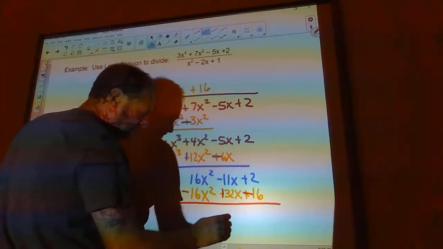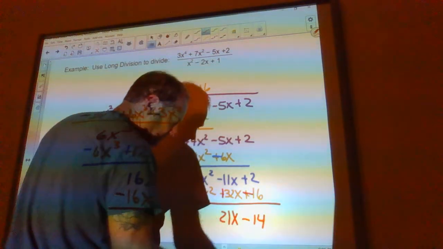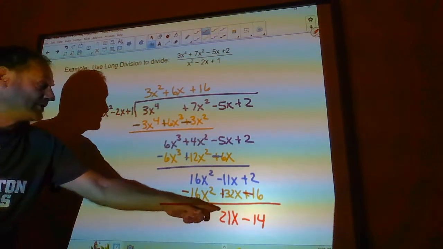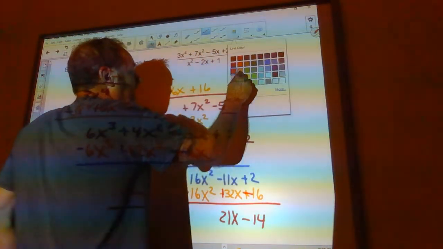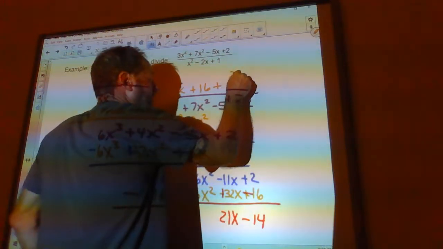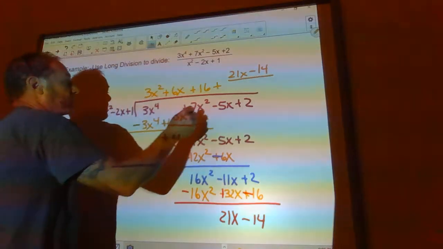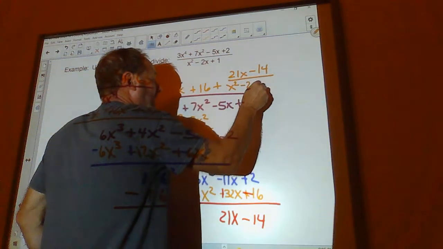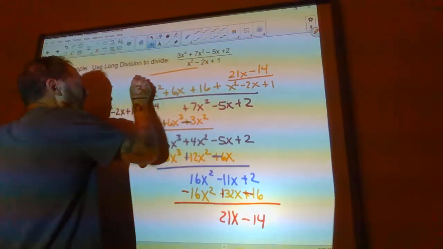And so I'm going to get 21x minus 14. Okay, since this power is less than that one, that's my remainder. So I'm going to go ahead and take that and go, oh, plus 21x minus 14 over x squared minus 2x plus 1. And that's my answer.